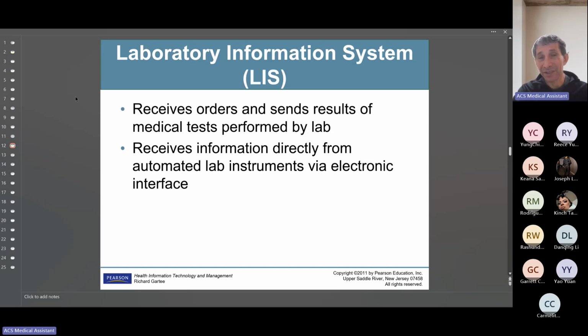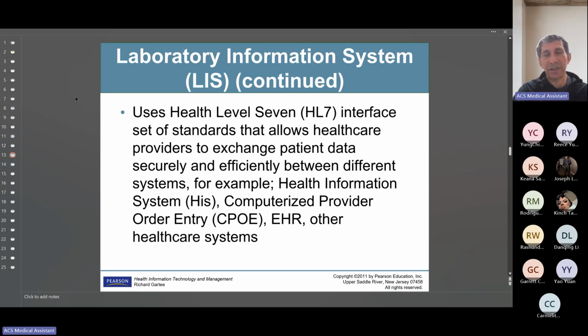But if it is in the system, it's a lot easier because you can go there and look at it, versus going over all those papers, which takes more time. So you receive the information directly from the lab.